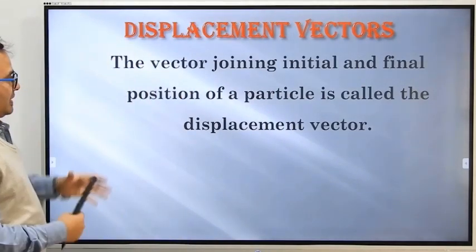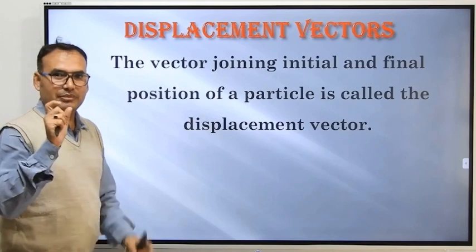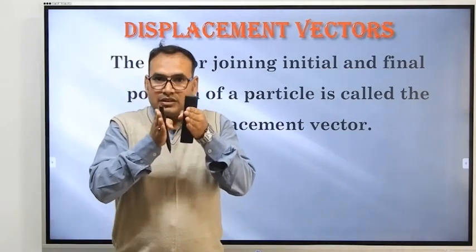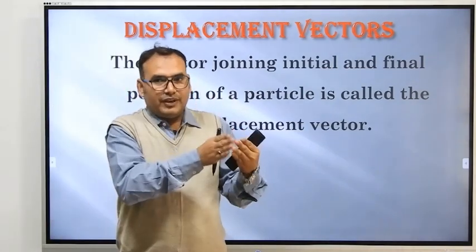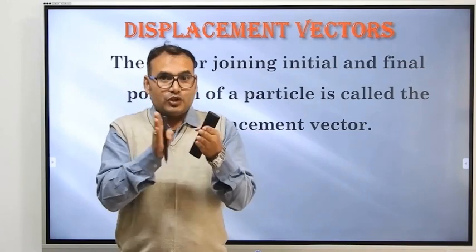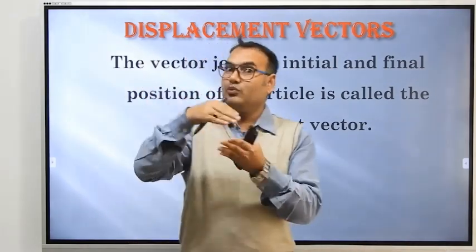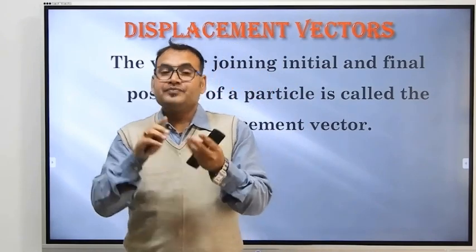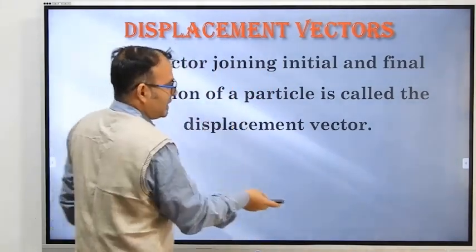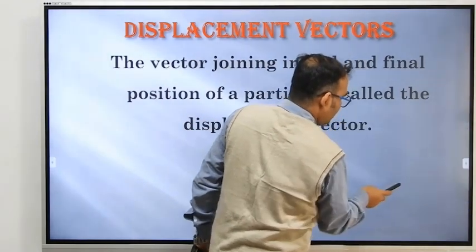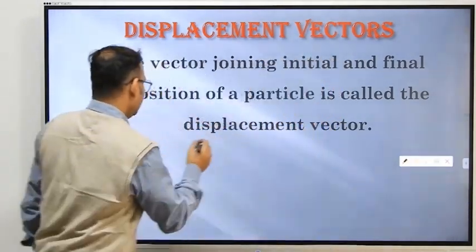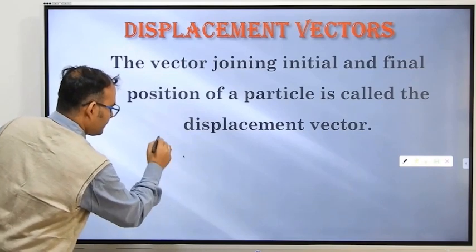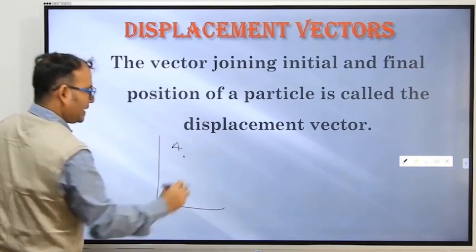So what is displacement vector? As the name suggests, displacement means the movement from one point to another, right? So if any vector is representing this movement, then it will be a displacement vector. How can we say that? Suppose any particle, for example, I am drawing here, is initially at point A, right?